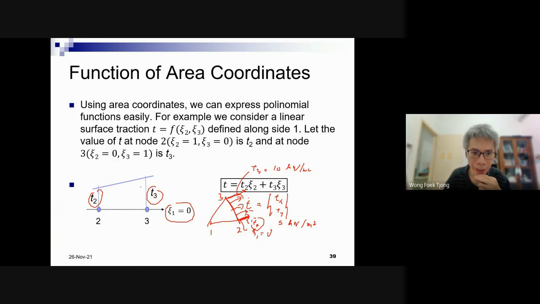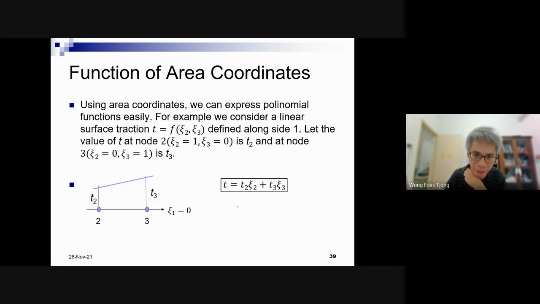Well, if I want to express the distribution of the surface traction using area coordinates, this is the formula, okay? So this is the linear distribution, a kind of line equation used in terms of area coordinates.